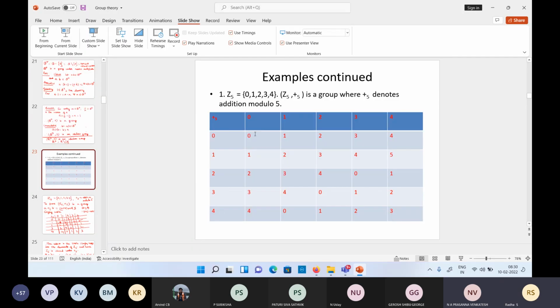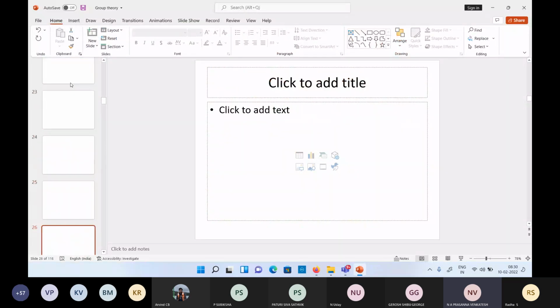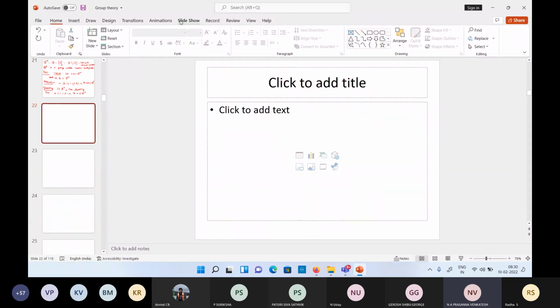I'll tell you some examples for finite groups now. So first, the order of a group. What do you mean by the order of a group?